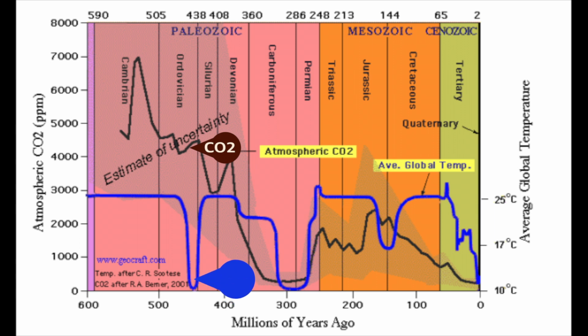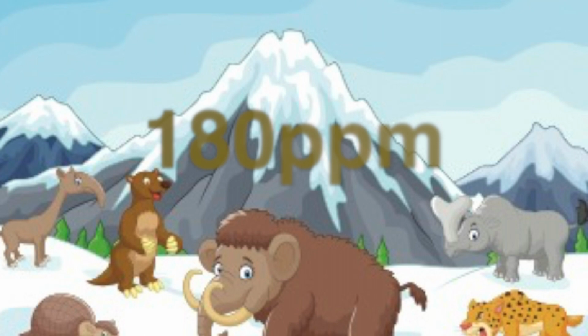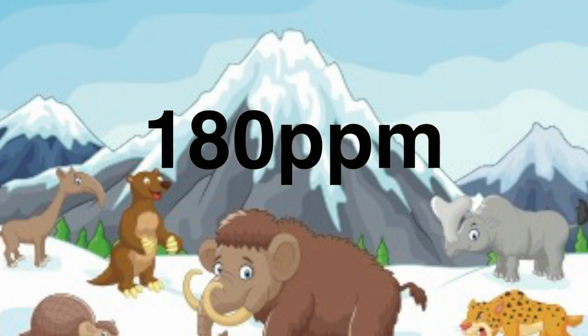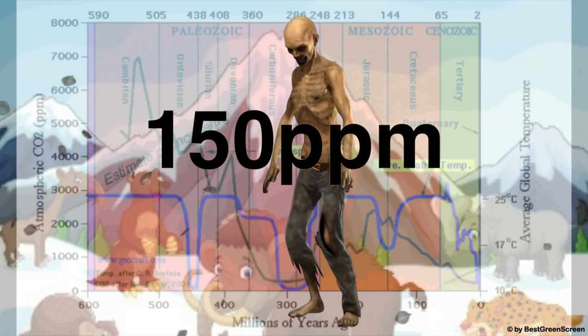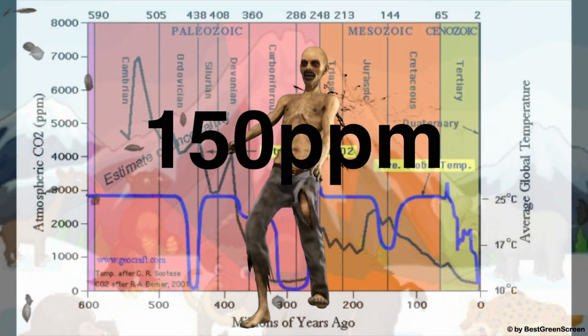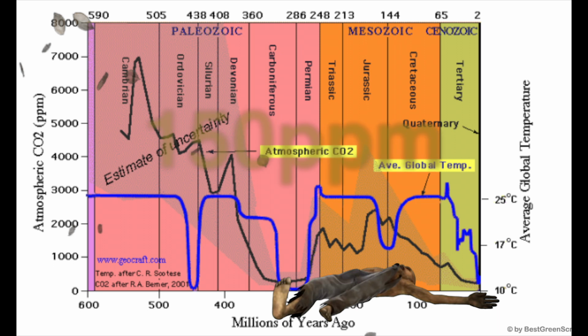And in fact, in the last glaciation, some 22,000 years ago, CO2 levels dropped to 180 parts per million, much lower than today. Higher forms of life on Earth, like us, will cease to exist at 150 parts per million. So we were very near to extinction level.